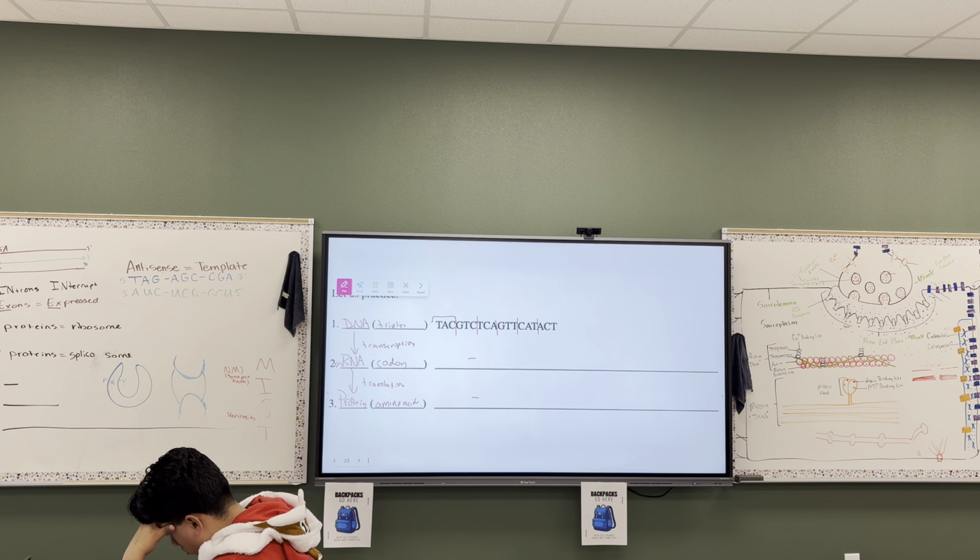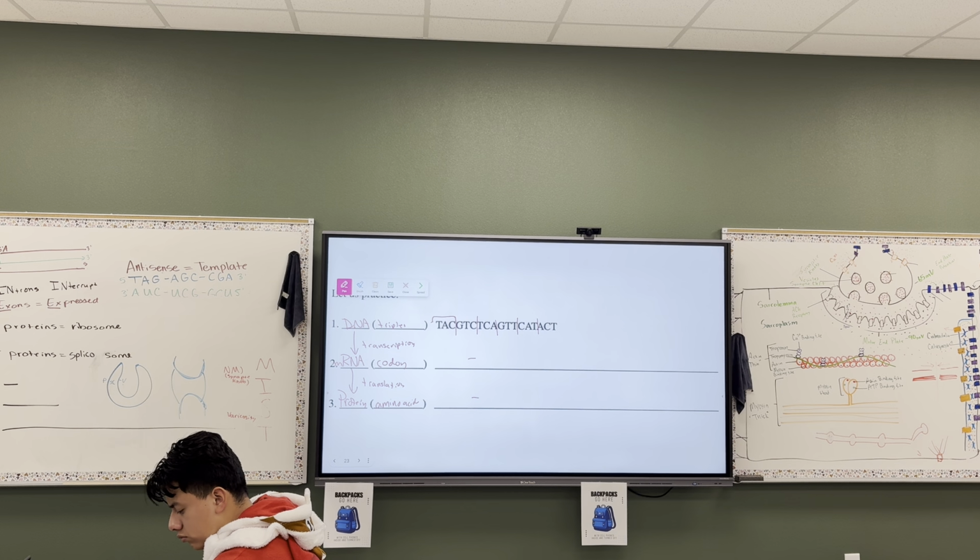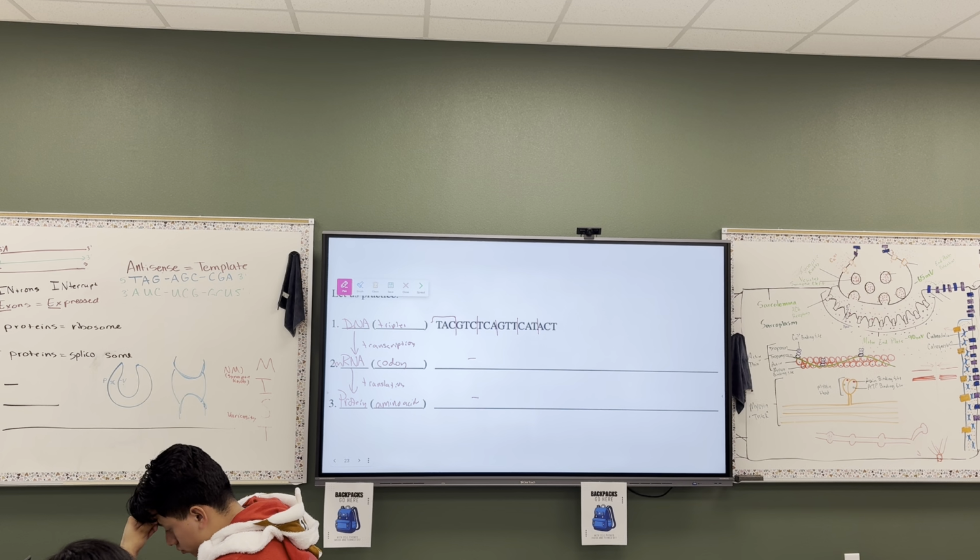So, I translate these, I can do that fine, and I write them here. So, what's the first 3? It'll be A, T, G. And then from there, you can look at this chart.